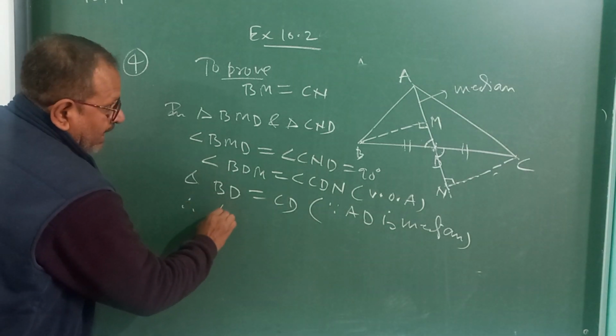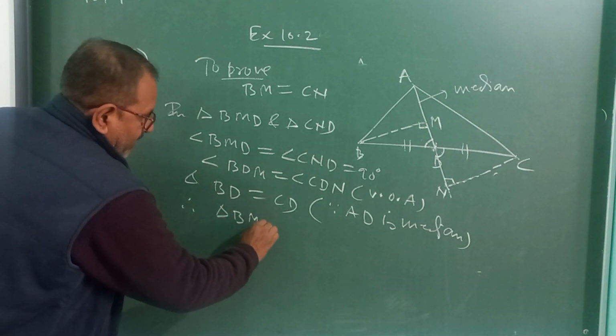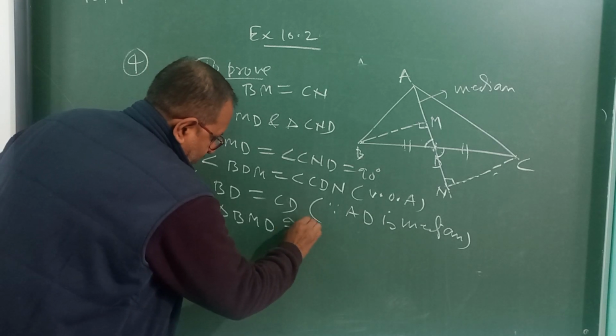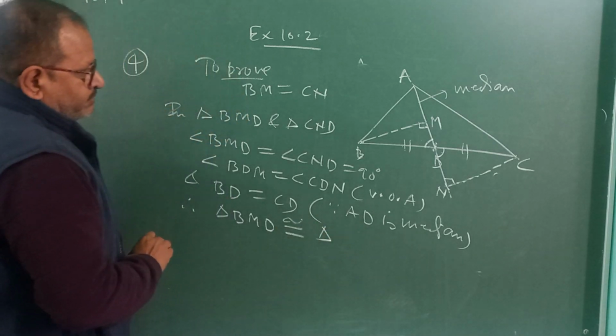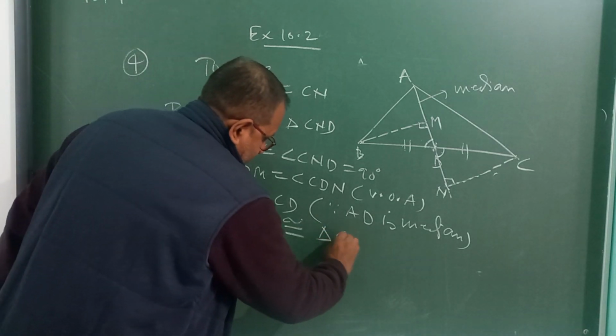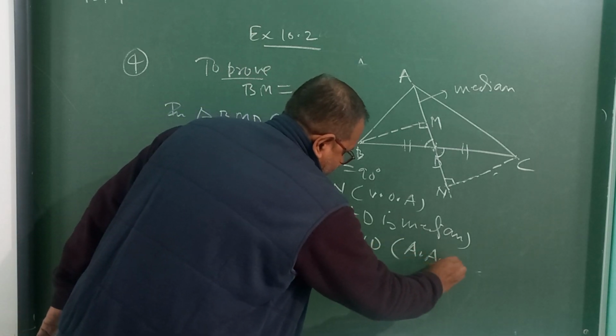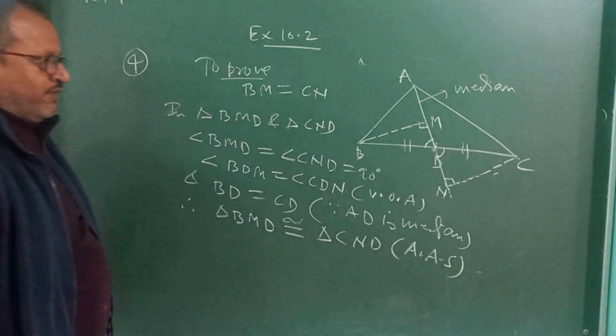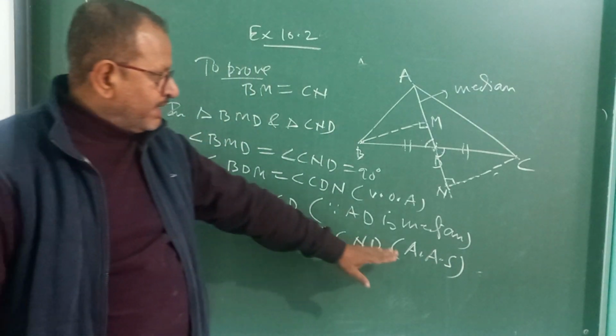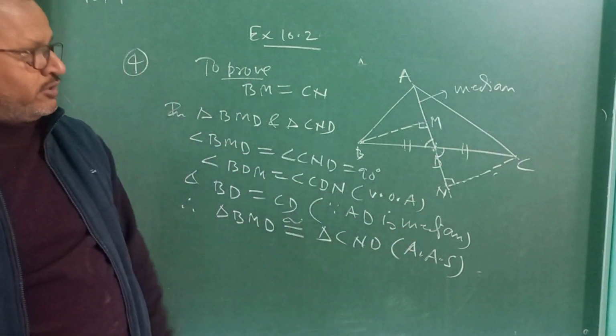Therefore triangle BMD is congruent to triangle CND by the angle angle side rule of congruency.